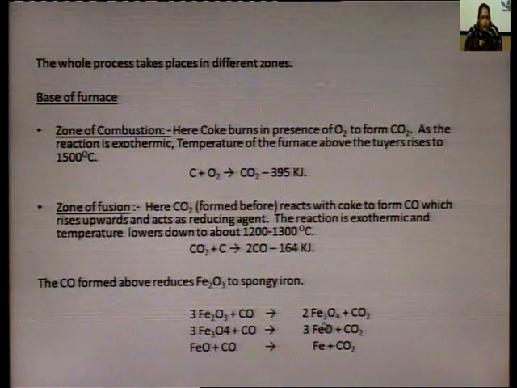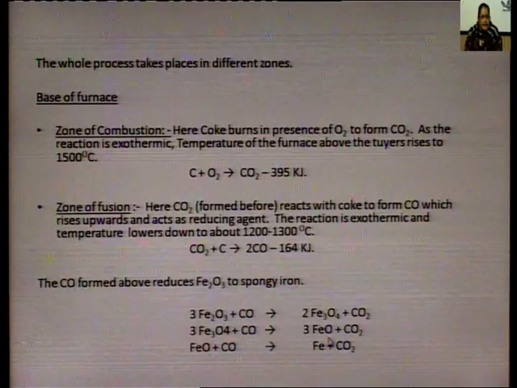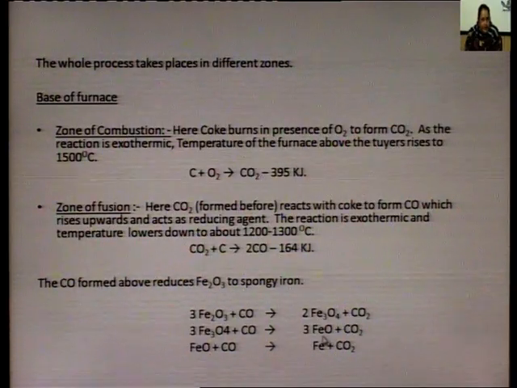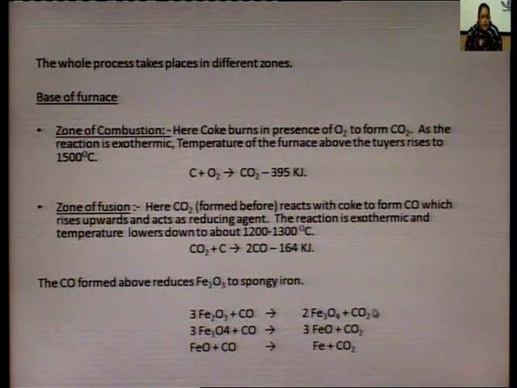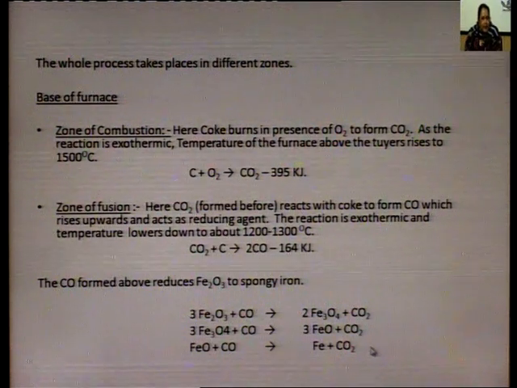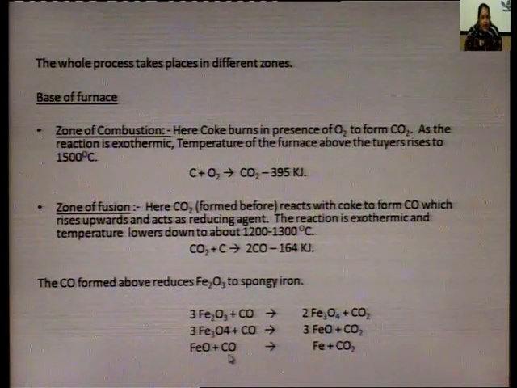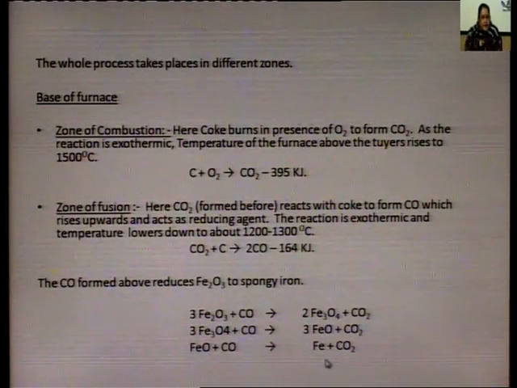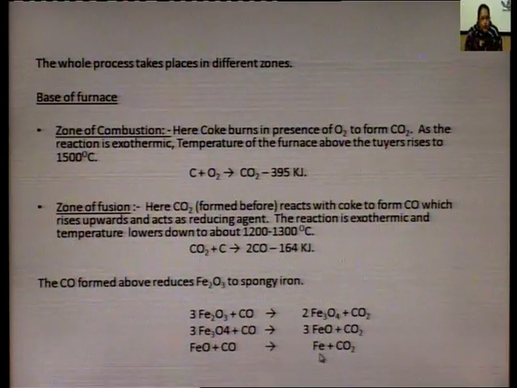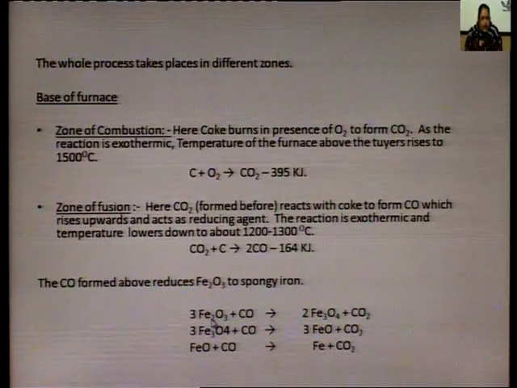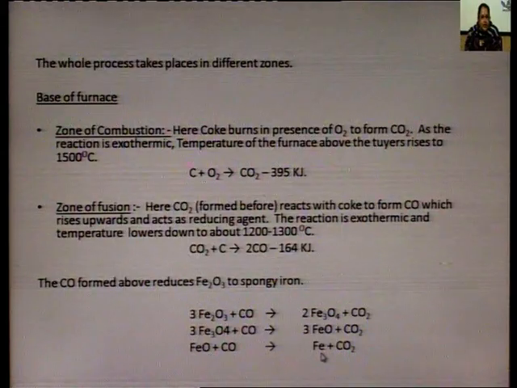Then this Fe3O4 further reacts with carbon monoxide and gets converted to ferrous oxide, and again we get carbon dioxide. This carbon dioxide, being a gas, escapes out, and ferrous oxide again reacts with carbon monoxide and gets converted to iron. So, the roasted ore, Fe2O3, gets reduced to spongy iron.